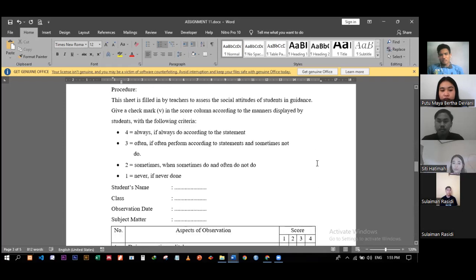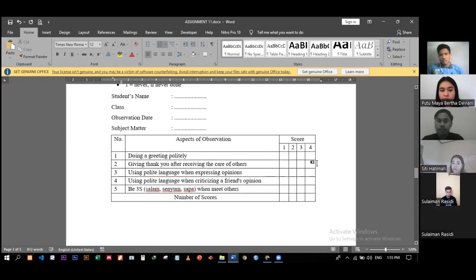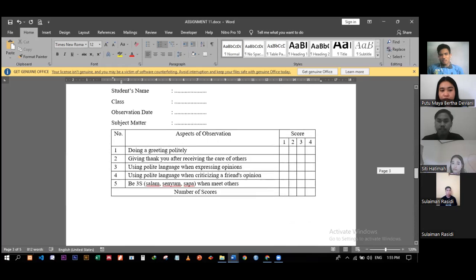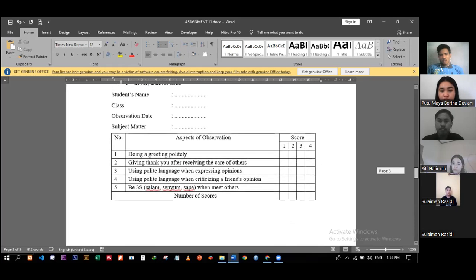And then here we have some rubric. In the rubric, we have the student's name and then the class, and also the observation date and subject matter. In the column of the rubric, there are number, aspect of observation, and then the score. And there are 5 aspects of observation.